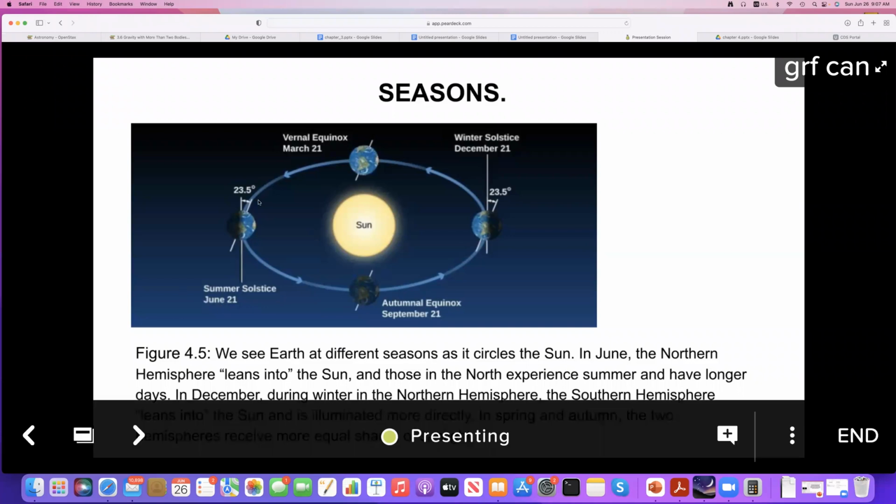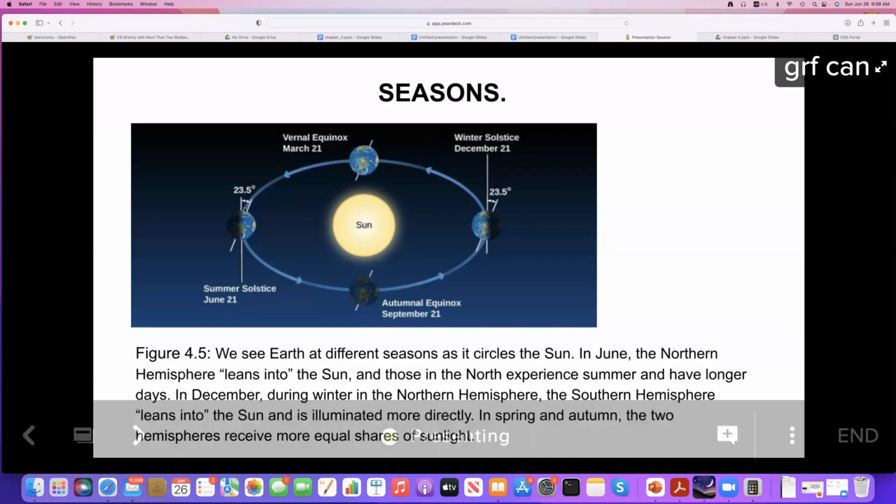What happens here is you can see that the Earth is angled because of this tilt. Earth is angled towards the sun, and the northern part is facing the sun, and that is why they get more sunlight at that time, and they will have the summer, right? Which means the temperatures are higher.